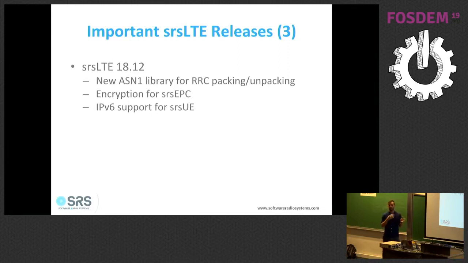But the limitation there was simply that the development got stuck at release 8, and we partially added higher releases, but it's very cumbersome to write that code manually, especially when you go upwards. And so release 15 RRC, that's thousands of messages, and you don't really want to write that manually.